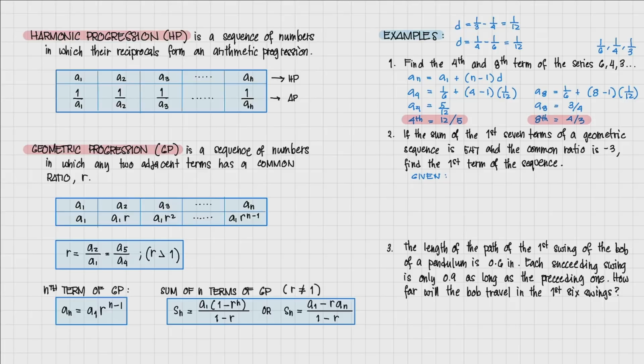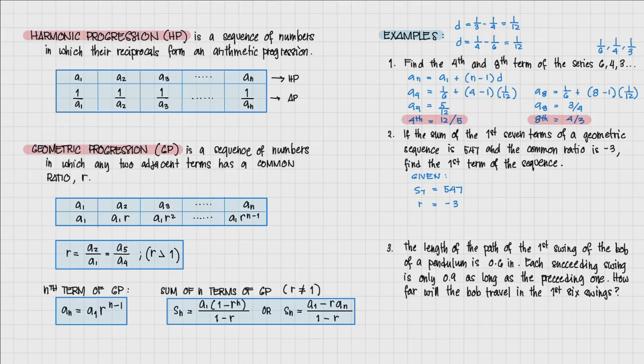We have the sum of the first 7 terms, so S7 is equal to 547. And we have the common ratio, which is -3. Now we're to find the first term of the sequence.